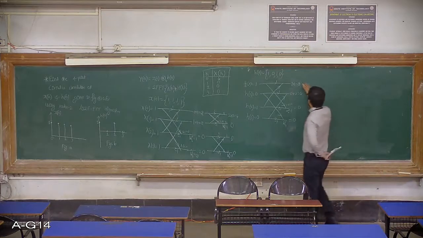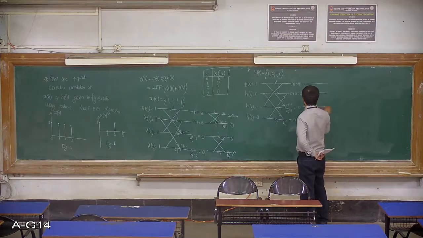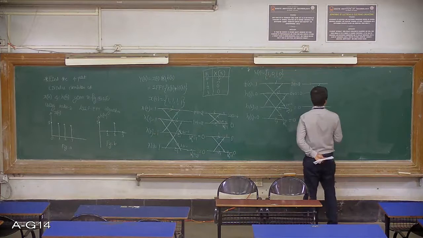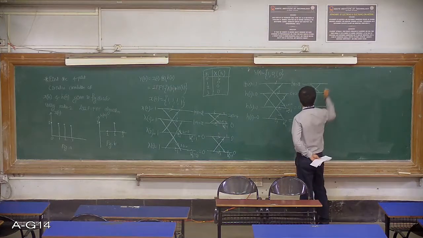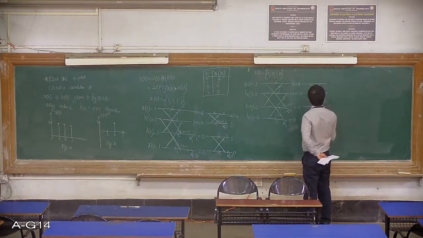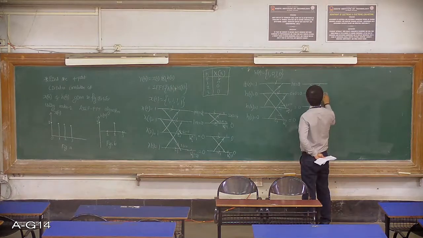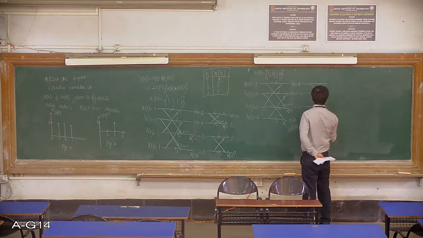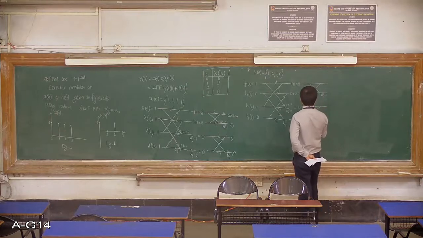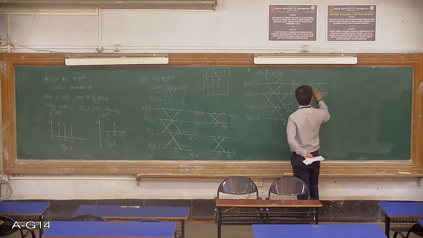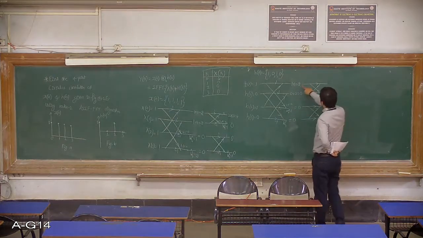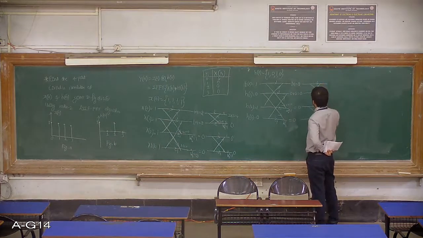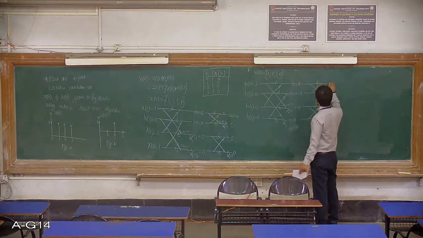Similarly, solve it for the 2 point. Write the twiddle factors. W2 of 0 is equal to 1. Here the arrows also you have to show. Compute the values. 2 into 1, 2.